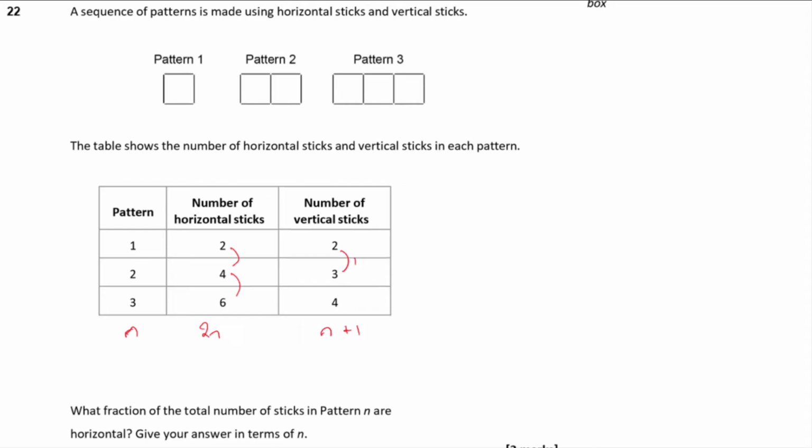So what fraction of the total number of sticks in pattern n are horizontal? Well, a fraction is comparing what you've got with everything.